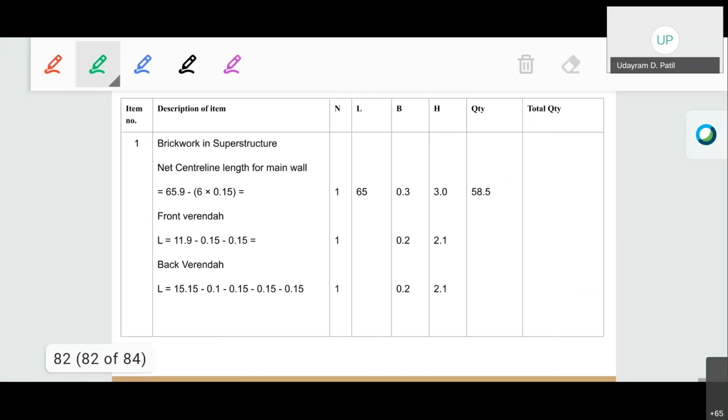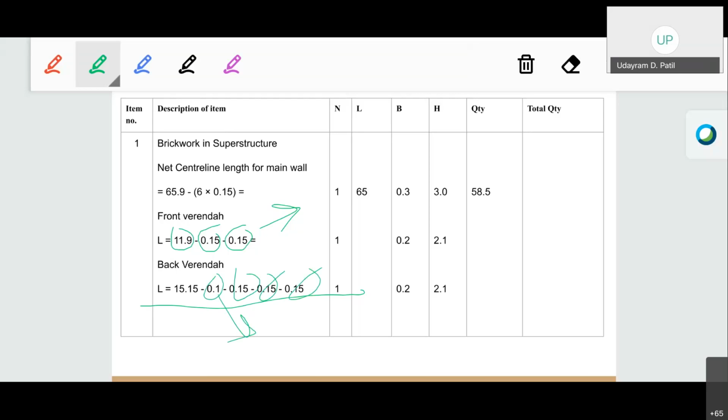Now, again, as I said, for the back veranda, the net center line length will be the total center line length minus half the width of the item and half the width of the item, that is the width of the main wall item which coincides with the secondary wall. So 0.15, and for the back veranda, for three junctions it will be 0.15, and for the fourth T junction where both of the walls are 0.2 meter, it will be half of that, that is 0.1 meter.